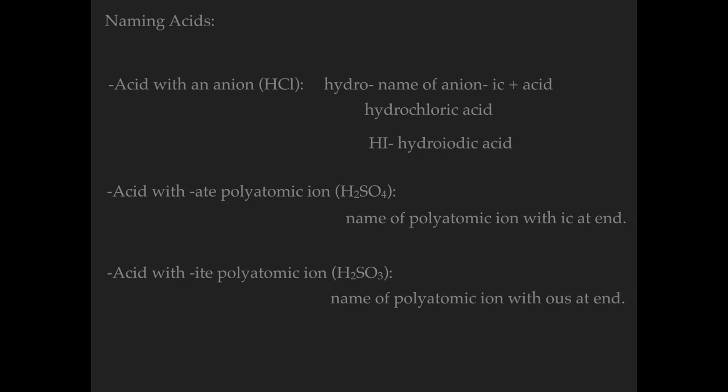So for example, H2SO3 would be sulfurous acid instead of sulfuric acid. A trick that students last year came up with is that ate is ic. If you're with a big group of people, like 8 people, that's no fun, that's too many people. So ate is ic, but ous, just 2 of us, is ite. So if you have an ate ending, that's ic; ous is ite.